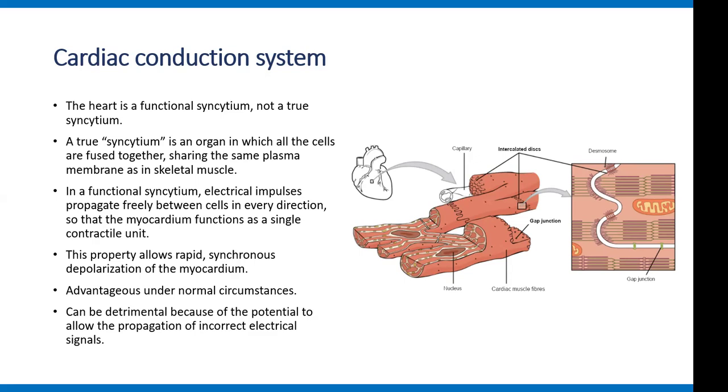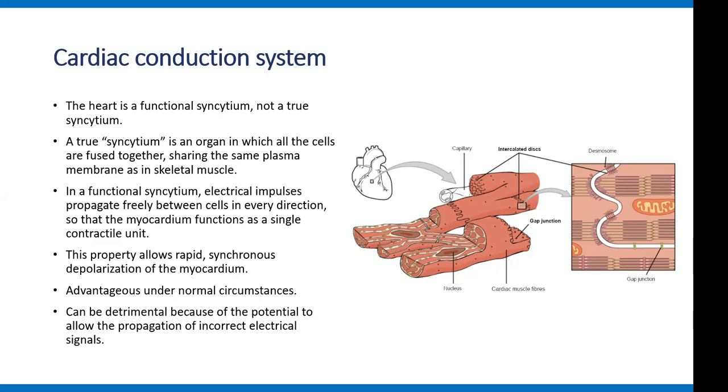So if you look at the picture that is shown, we have coordination between all the cardiac muscle cells through what is called the intercalated disc. The intercalated disc contains the gap junctions, and the desmosomes are also present.